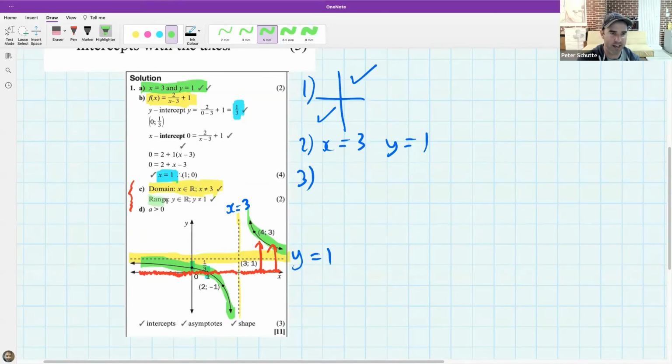So y is any real number, but y cannot be 1. And the reason is that asymptotes can never be crossed. So actually, domain and range questions are quite simple with hyperbolas. You basically say it's any x value, except it can't be the x asymptote, and it's any y value, but it can't be the y asymptote. That's it.